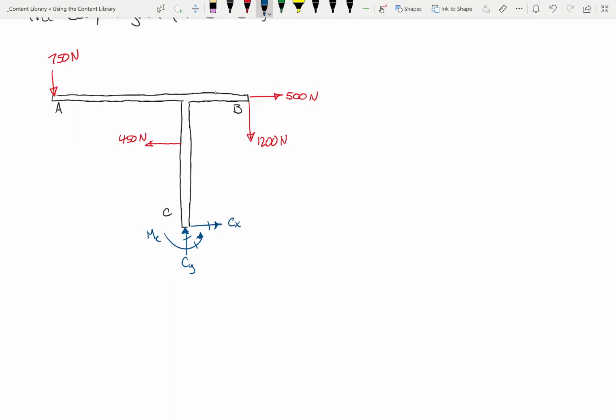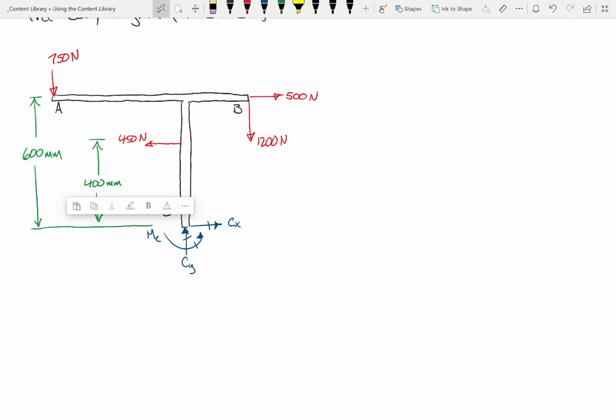The only other thing I'm going to do is apply some dimensions on this, just so I have everything all in one spot. This dimension right here was 600. This dimension here is 400.